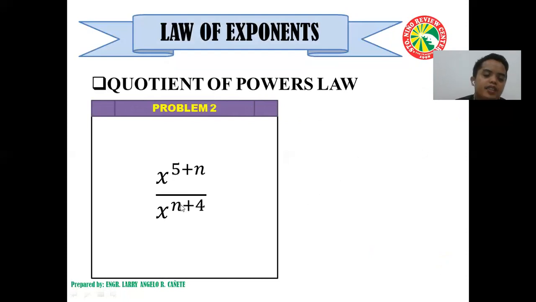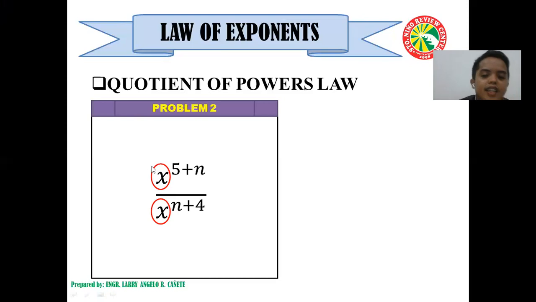This time it involves a variable. Although this is more complicated, it is just a simple solution, or just an easy example, but it involves a variable. So this is a quotient. Check first their bases. Check, correct.